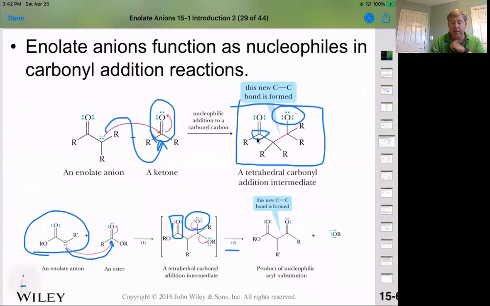And in this case, we can actually lose a group, an alkoxide, to generate a new carbon-carbon bond, and we regain our carbonyl on our attacked species. We end up with what we call a beta diketo compound, because we have two carbonyls, and this is the alpha carbon, and this is one carbon over. So we call that the beta dicarbonyl compound.